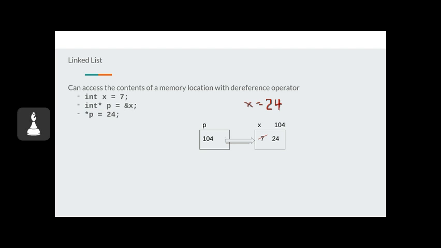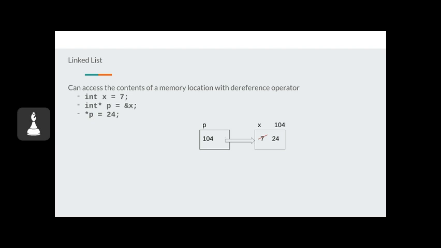Okay. If we wanted to access this storage location through the pointer p, we would use this dereference operator. And that's just putting an asterisk in front of p. So we say star p, which says go to the location that's pointed to by p. So star p is not this location, but star p is dereferencing the pointer, going to the location referenced by p, and that's this.